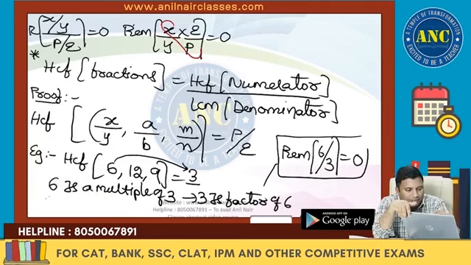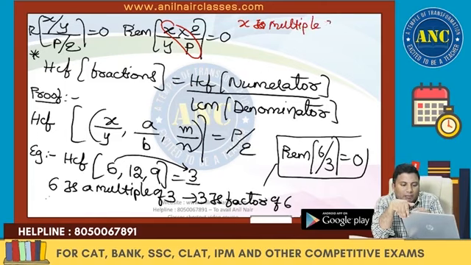What is the conclusion from this? If x by y into q by p is an integer, that means x should be a multiple of p and q should be a multiple of y. Am I right?